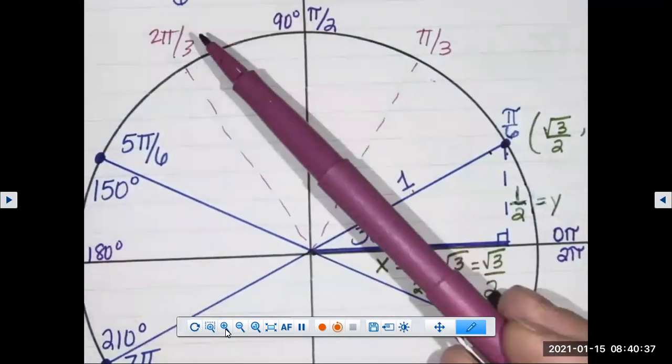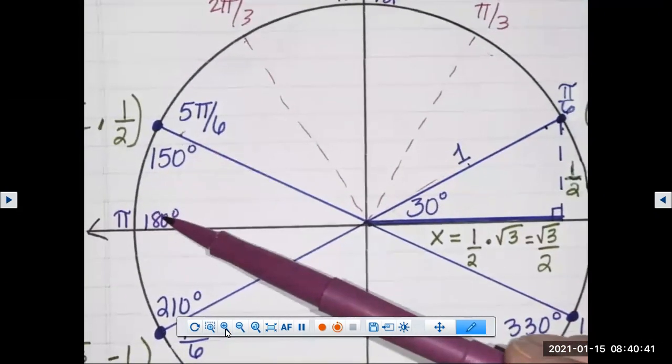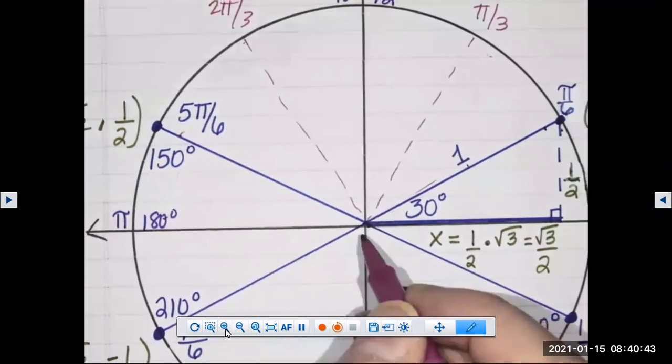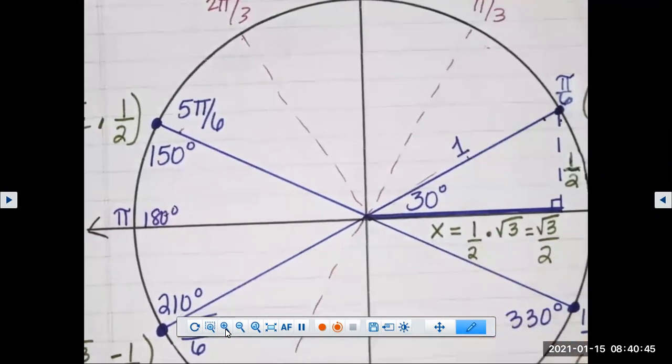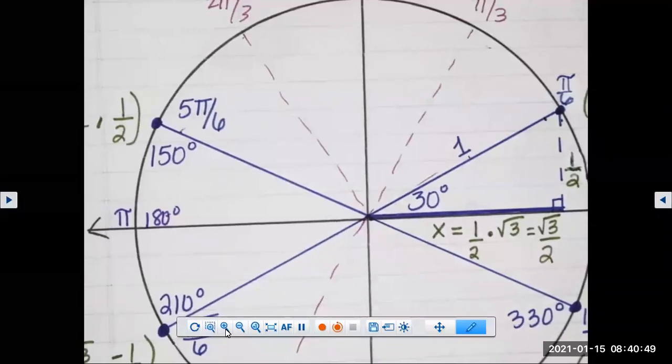And then 5 pi over 6, 6 pi over 6, which makes pi, 7 pi over 6. And then 8 pi over 6, 9 pi over 6, 10 pi over 6. And so you guys get the picture.